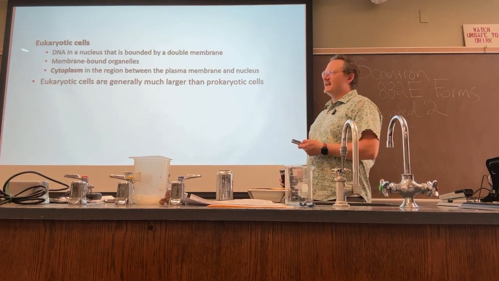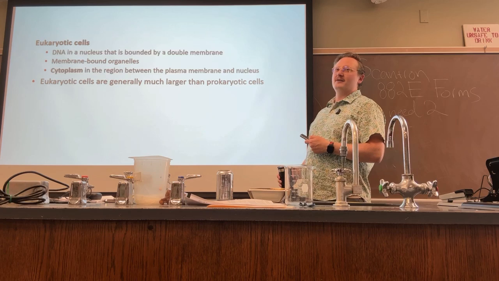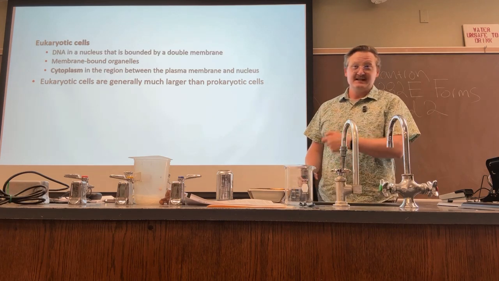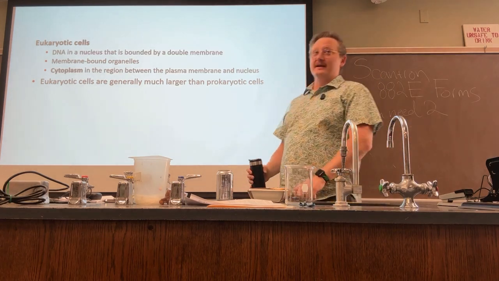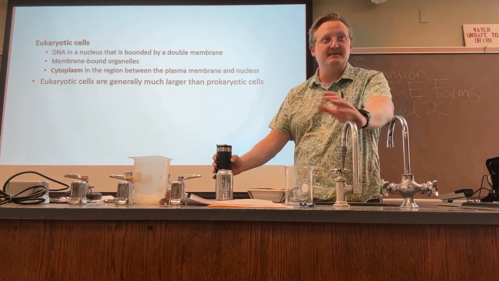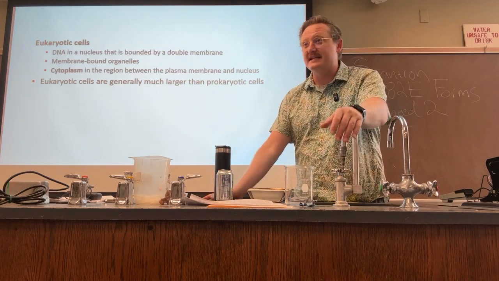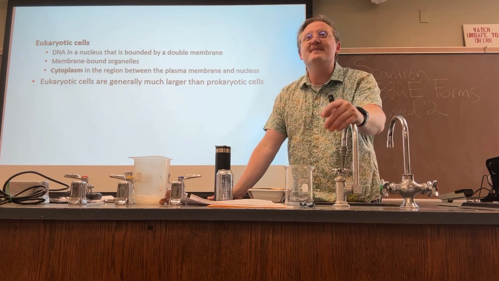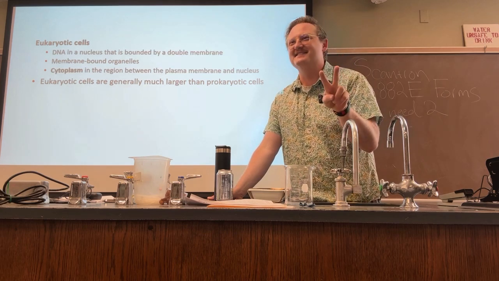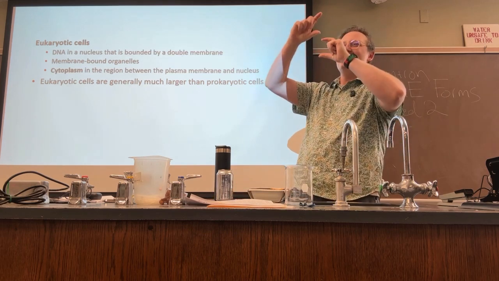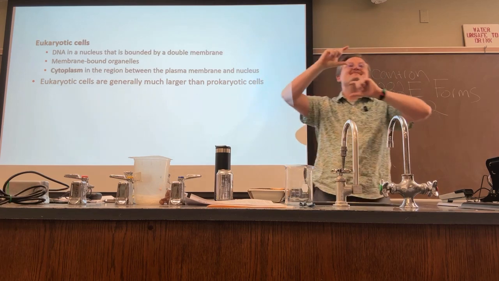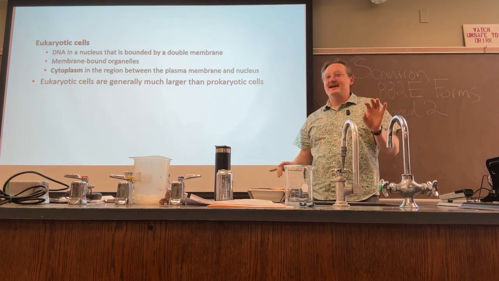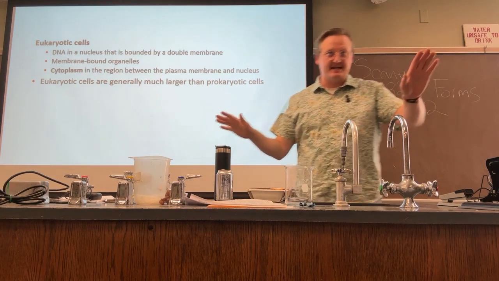Eukaryotes. The DNA is in a nucleus that is bound by a double membrane. So the nuclear envelope, we call it, which is the thing surrounding all the genetic material, the nucleus, right? It is made up of two membranes. So there's two layers of membrane, right? And remember, all of these membranes, I've given you the caveat here, right?